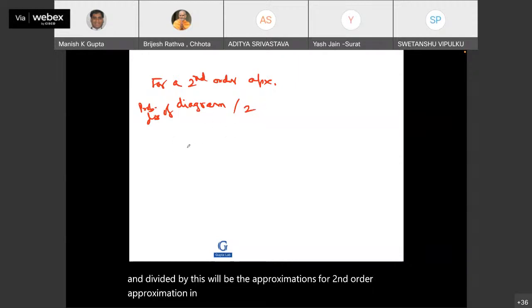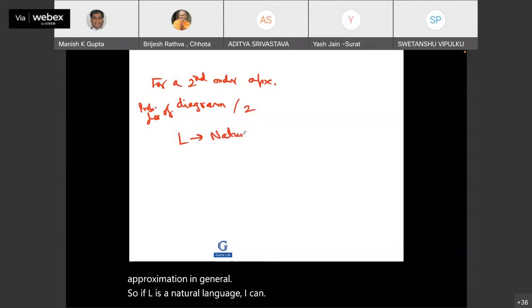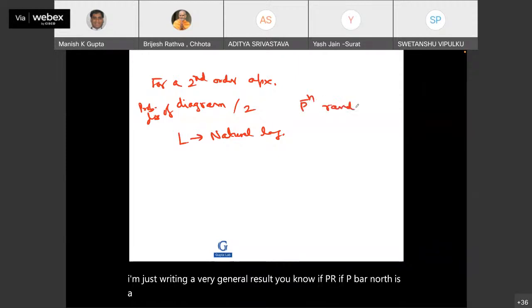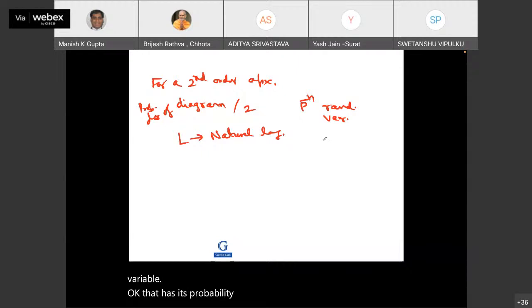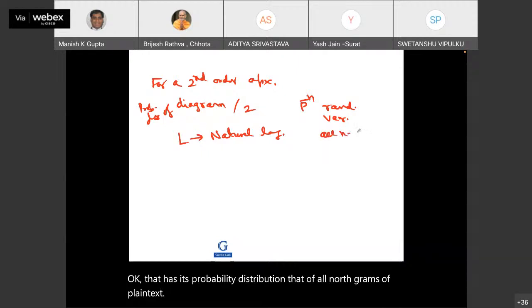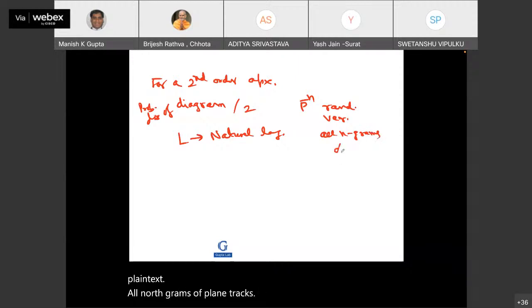In general, so if L is a natural language, I'm just writing a very general result, if P bar n is a random variable that has the probability distribution of all n-grams of plain text, and we have that probability distribution here, so this is our random variable.